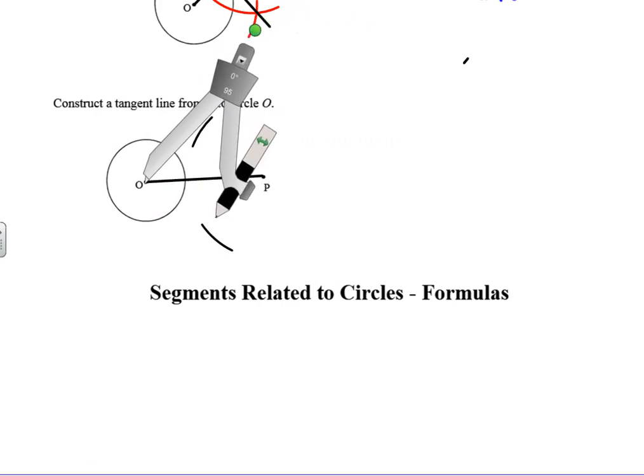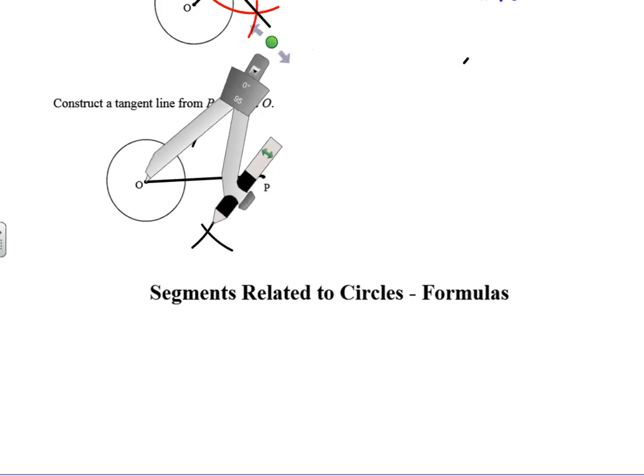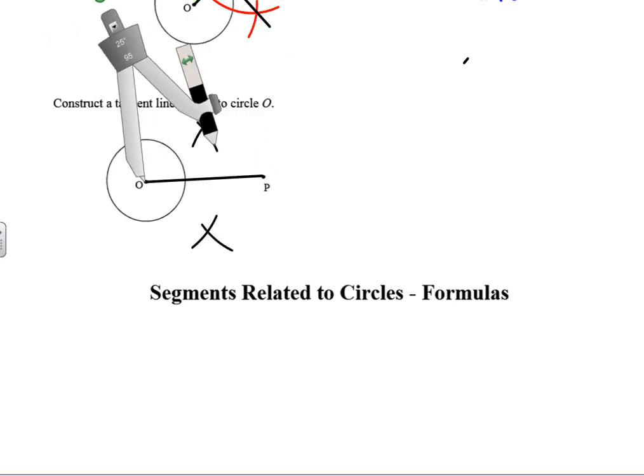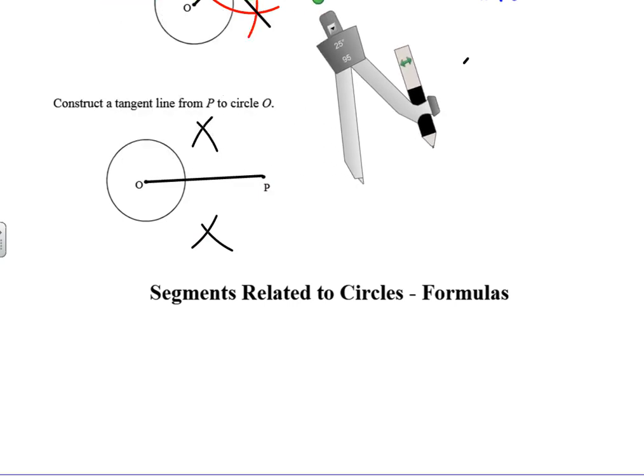It's not wrong to do the full surfboard, but I've got some other pieces of this construction. So I'm going to come up, I'm going to come up. Okay, now we've got here the perpendicular bisector of that segment that connects O and P. Just trying to do my best to get that there.